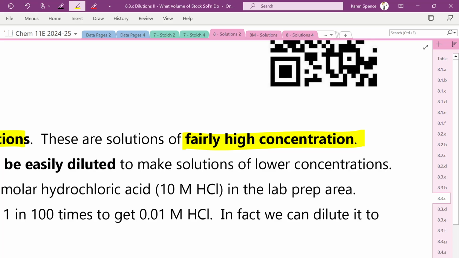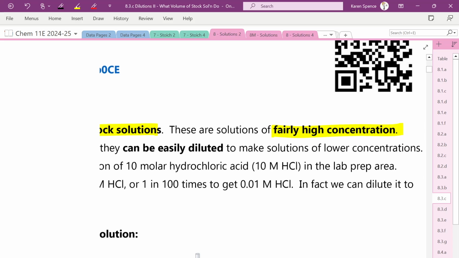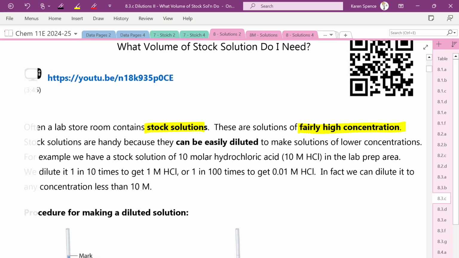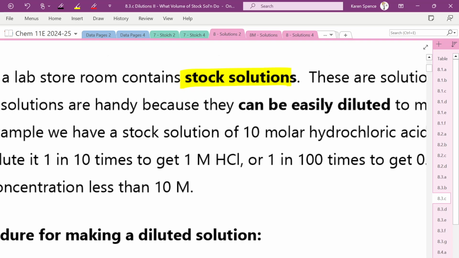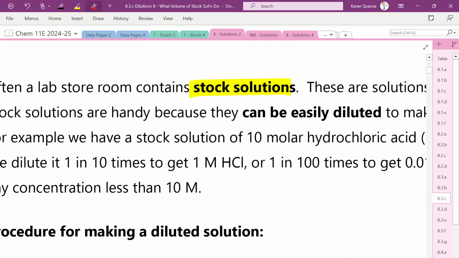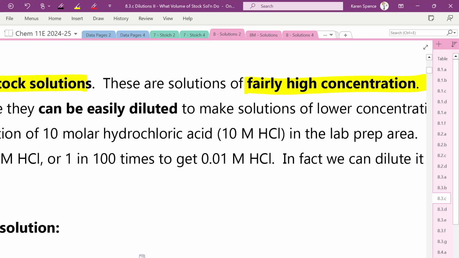So we might have a concentrated solution of 10 molar hydrochloric acid. This would be our stock.